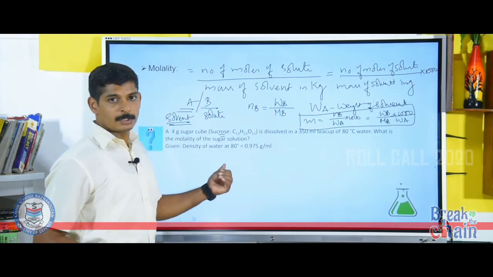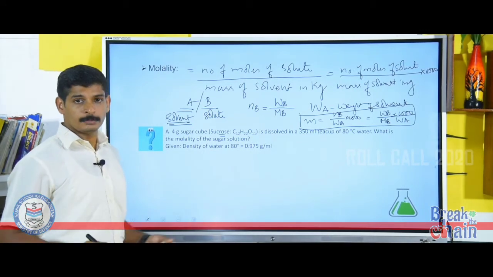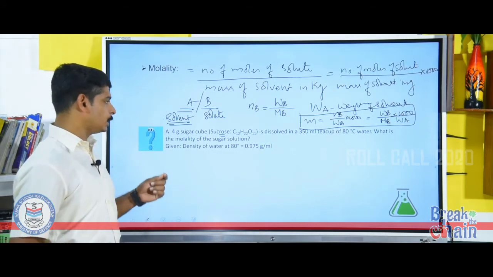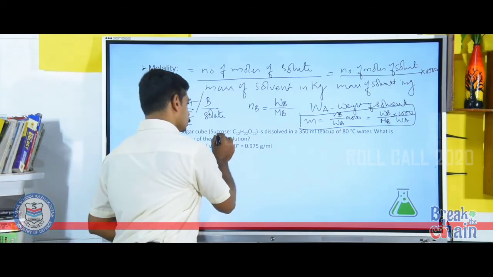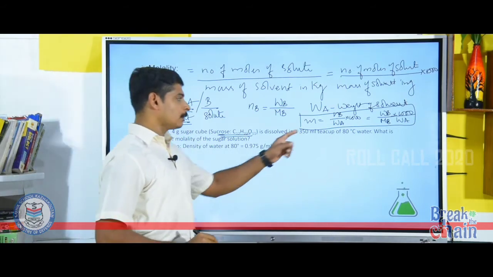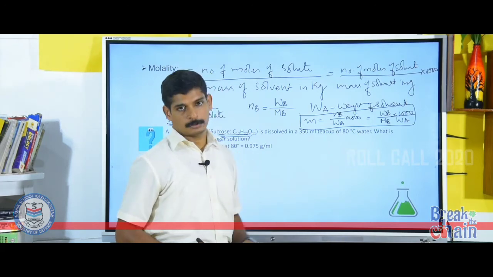Okay. Now we will solve this question. A 4 gram sugar cube. What is sugar? Sugar is nothing but sucrose. Its molecular formula is C12H22O11. Okay. Sucrose. It is dissolved in a 350 ml tea cup of 80 degrees Celsius water.